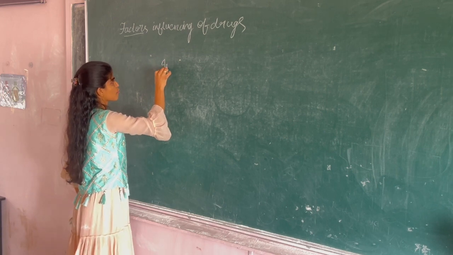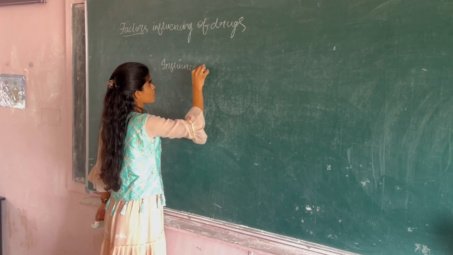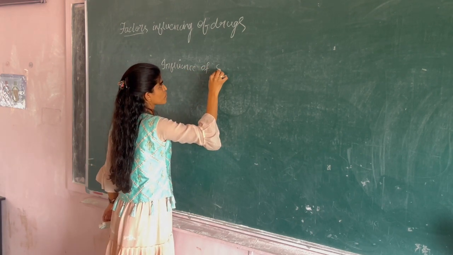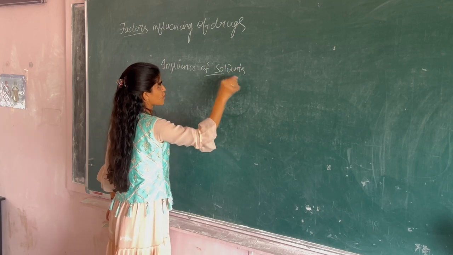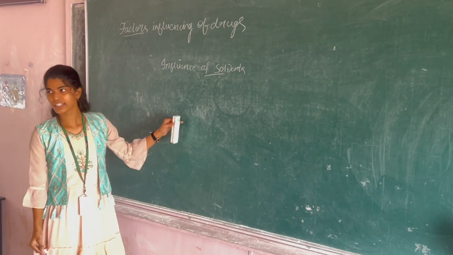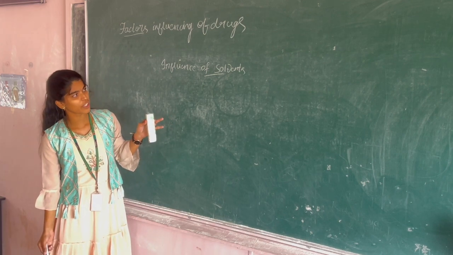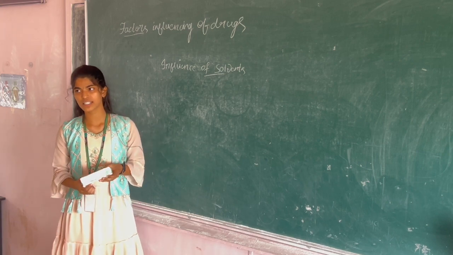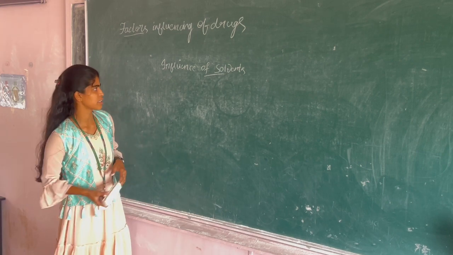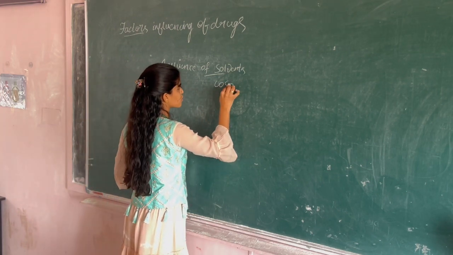Next, influence of the solvents. Solvents are polar solvent and non-polar solvent. A polar solute dissolves in a polar solvent, and a non-polar solute dissolves in a non-polar solvent. Next, co-solvent.